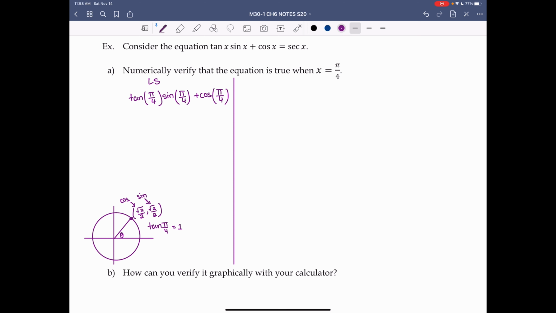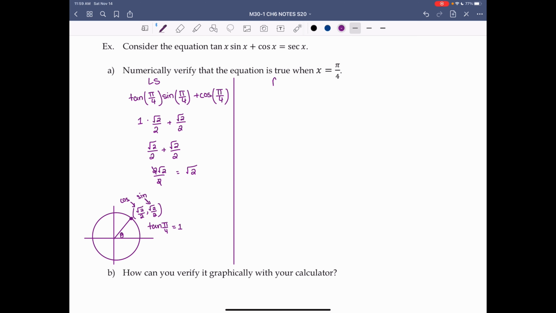So we get 1 times root 2 over 2 plus root 2 over 2, which gives us root 2 over 2 plus root 2 over 2, which gives us 2 root 2 over 2. Divide out the 2's, and we get root 2.